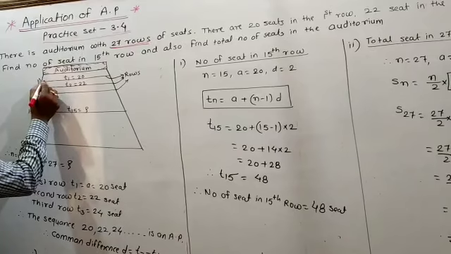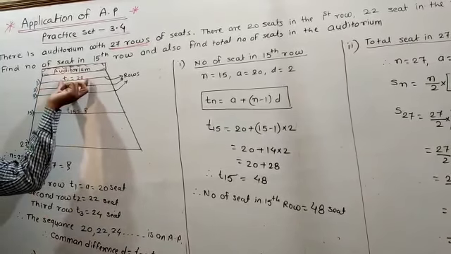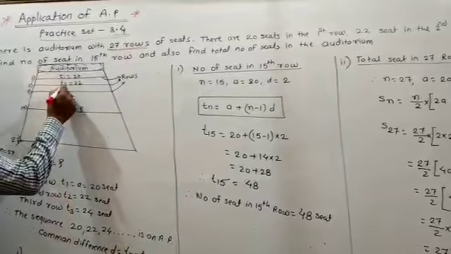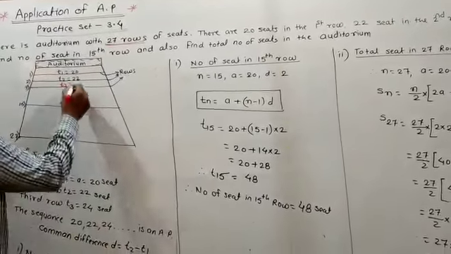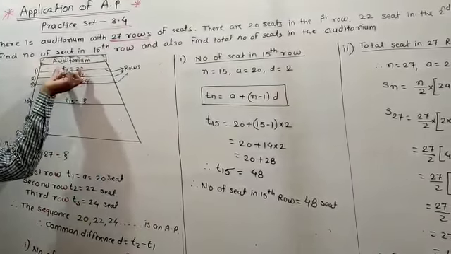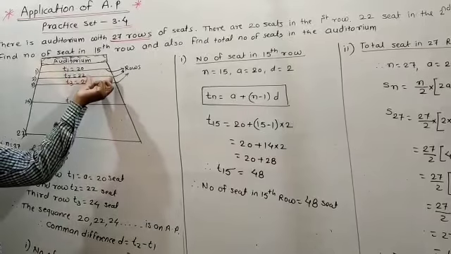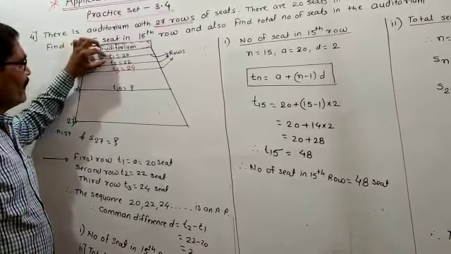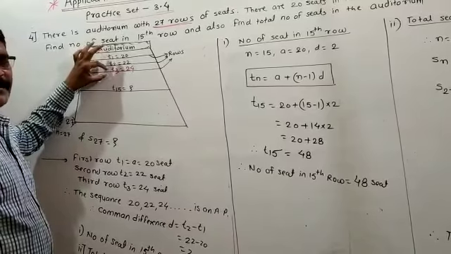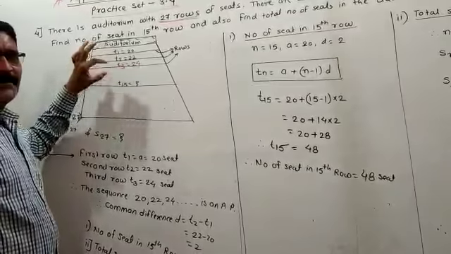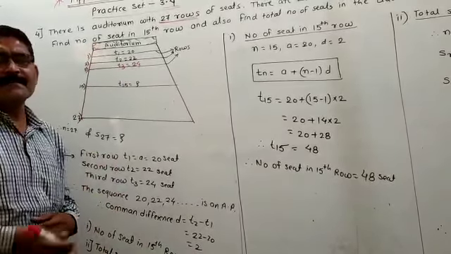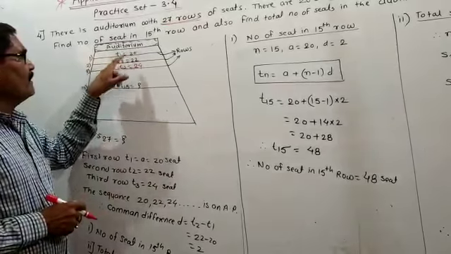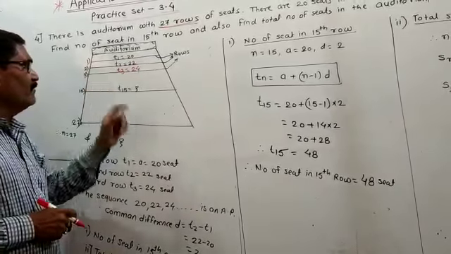The first row holds only 20 seats, the second row holds 22 seats, and the third row holds 24 seats, so T3 is equal to 24. As the row number increases, 2 chairs are added in each row: 20, 22, 24, then 26, then 28. Each succeeding row increases by 2 seats. So T1 is 20 seats, T2 is 22 seats, T3 is 24 seats.